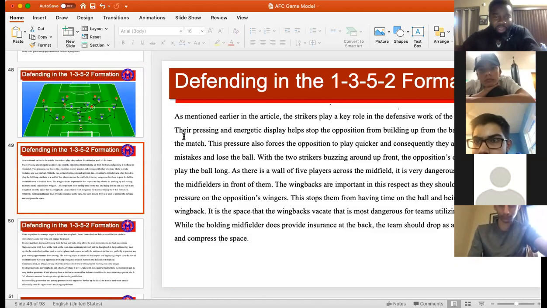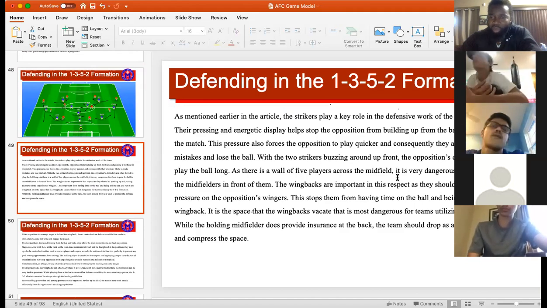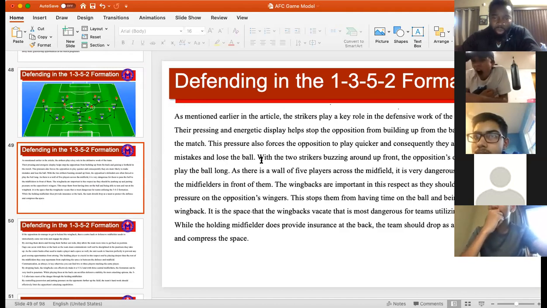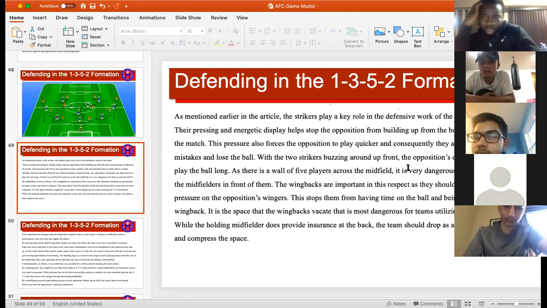And then defending it is, as mentioned earlier, and it gave you all the information on how to defend, right? Build play from the back. You should stop the opposition from building play from the back, right? You should make them lose the ball, right? With the two strikers buzzing around up front, they should be moving around up front.